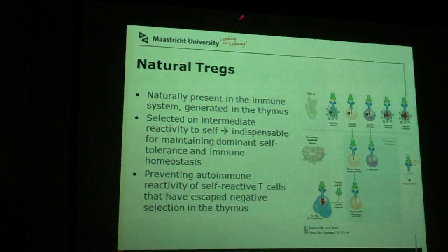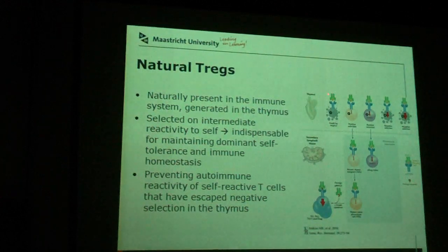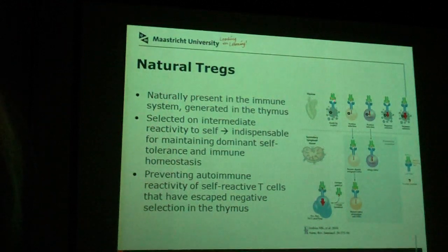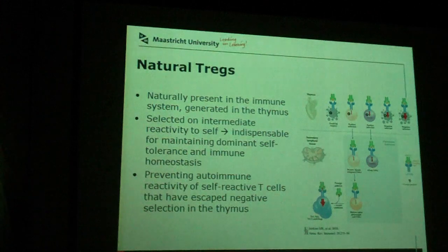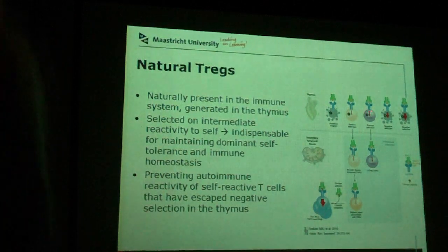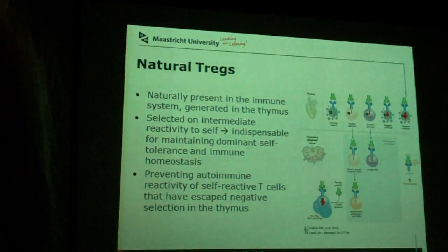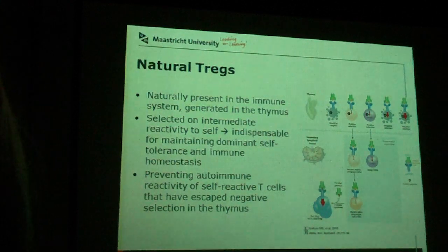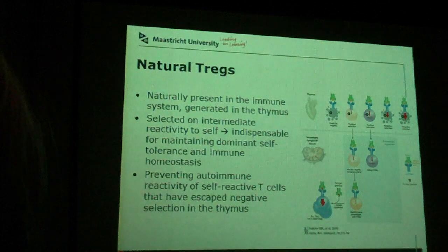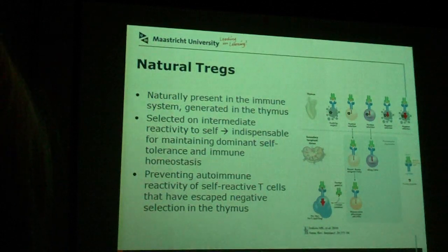This is the situation in the thymus. We have different T cells with different T cell receptors, and here you see the MHC on the antigen presenting cell, which presents the self-antigen. The red arrow indicates strength of interaction with the antigen and MHC, and when there is no interaction, the T cell will die by neglect.